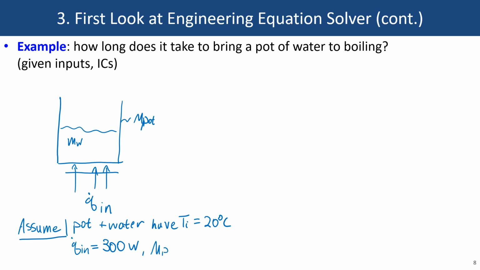The pot is, let's say, 1 kilogram, and it's stainless steel. And then the water, let's say M water, is also about 1 kilogram here. Okay, and for now we'll also add an assumption that we're going to neglect any heat transfer to the surroundings or other heat loss other than just Q in. And we're going to ignore phase change and most other stuff just to make this problem manageable.